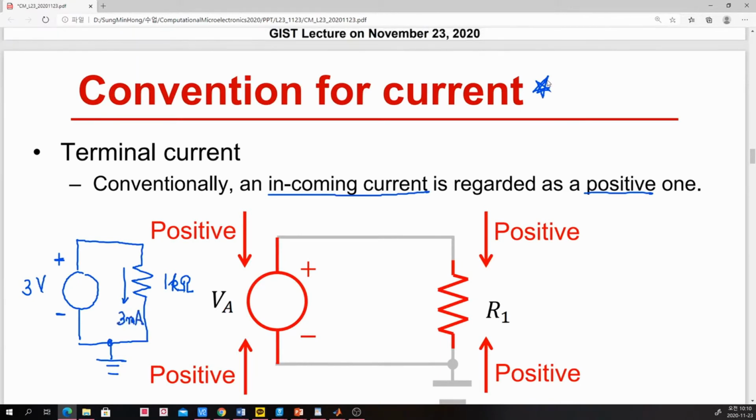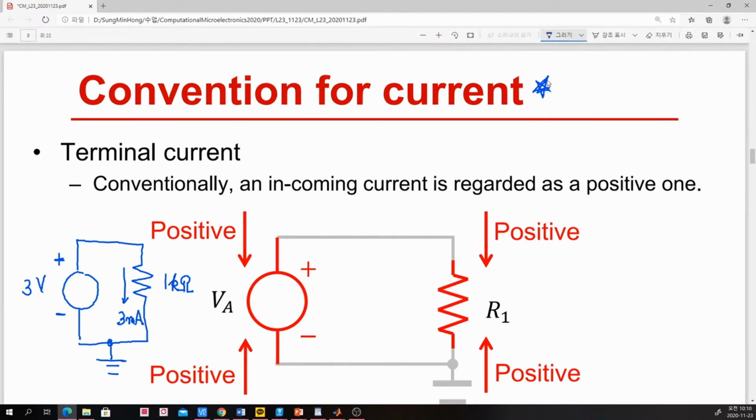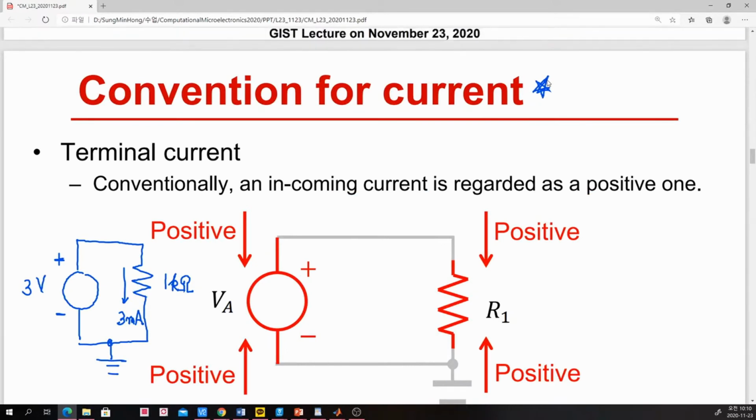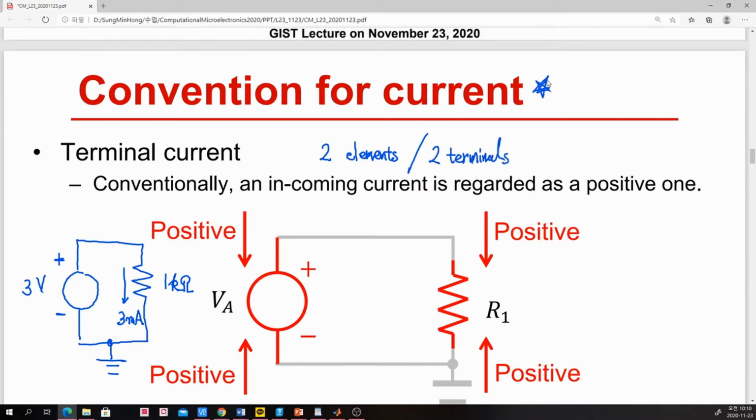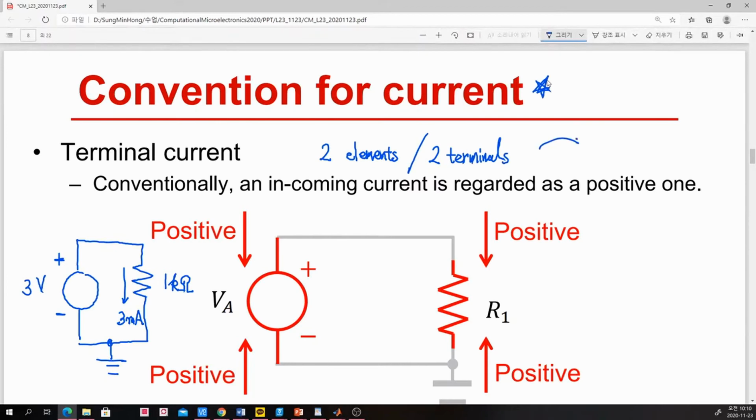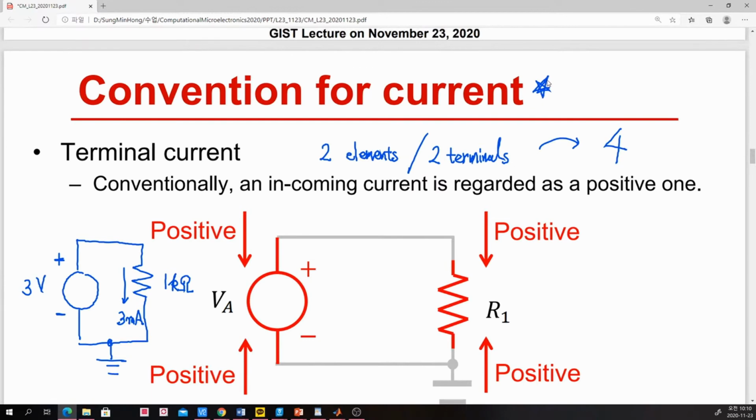Then my question is, how about the terminal currents of each element? You know that we have 2 elements and each of them has 2 terminals. Therefore, we can define 4 different terminal currents.